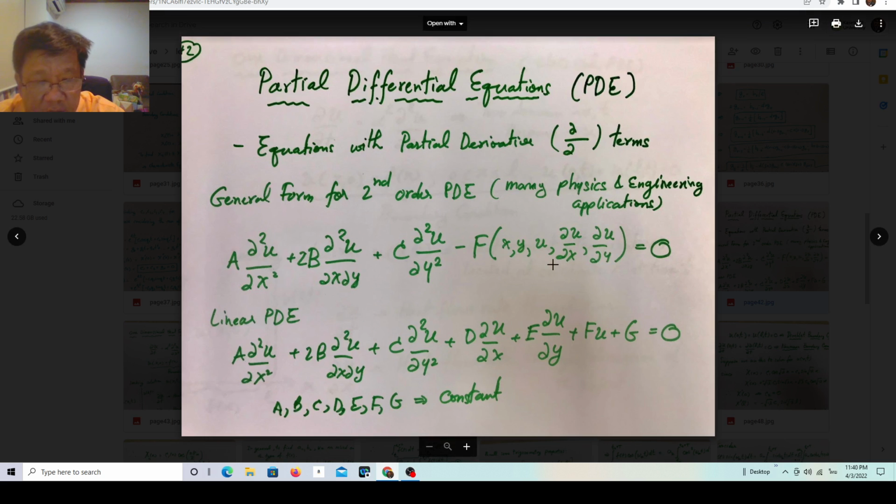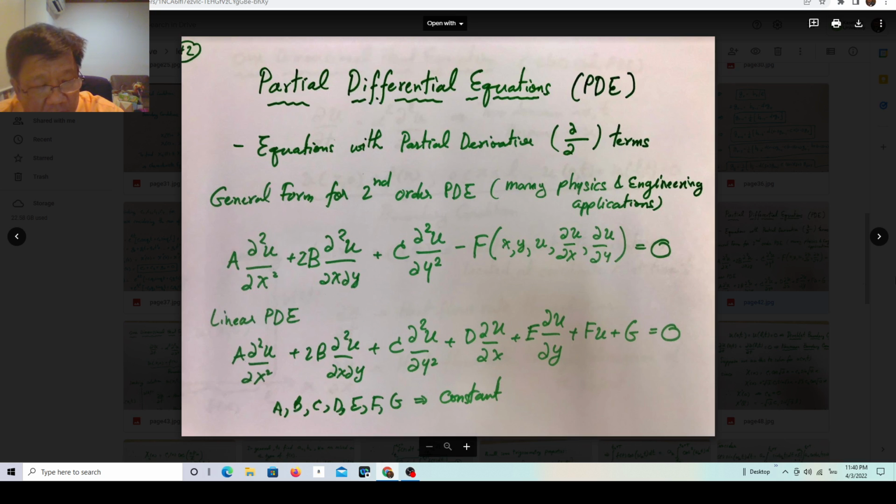And I'll write a very basic form, and I think we can find many applications in physics and engineering of what we call the second order partial differential equation. We will abbreviate it as PDE.